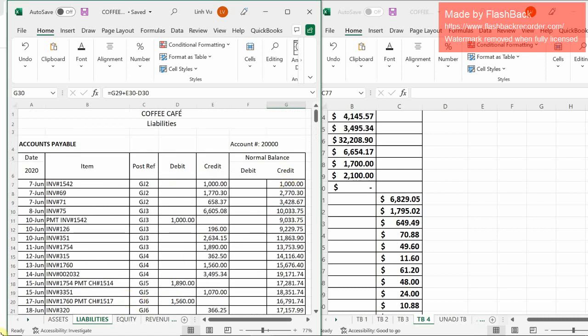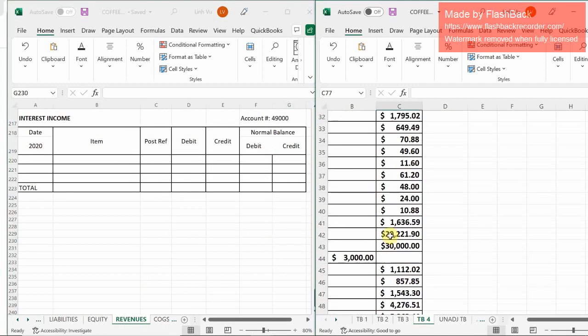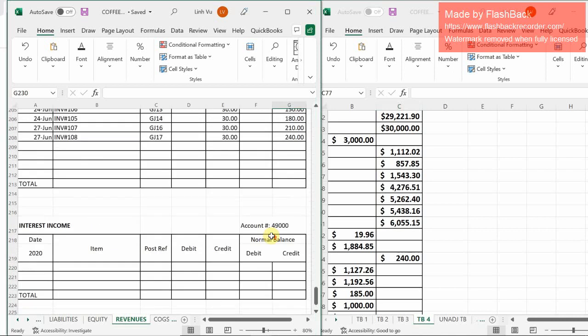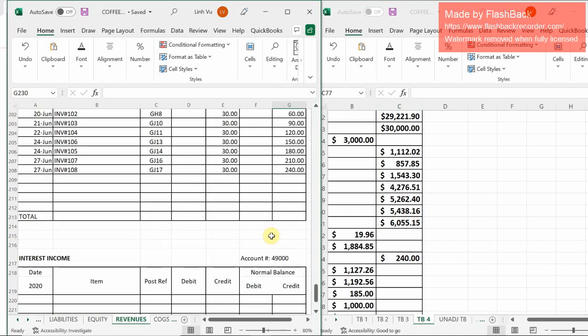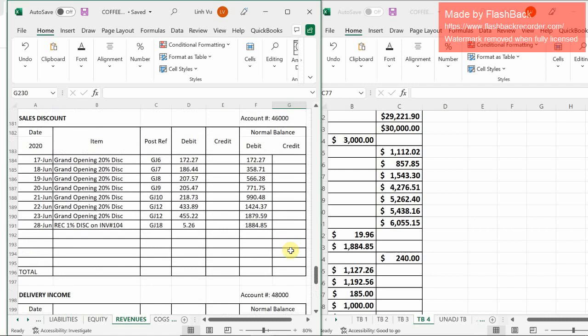So let's go over my revenues one more time just in case I made a typo here. So my revenues are down here. Starting from my last revenue is your delivery income for $240. So that's correct. My sales discount is $1884.85.